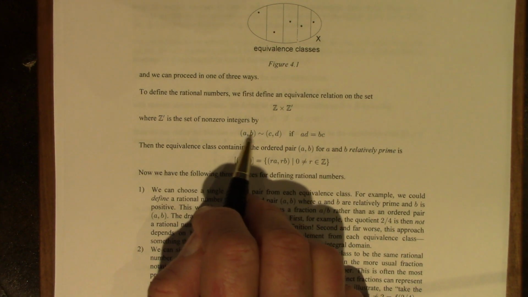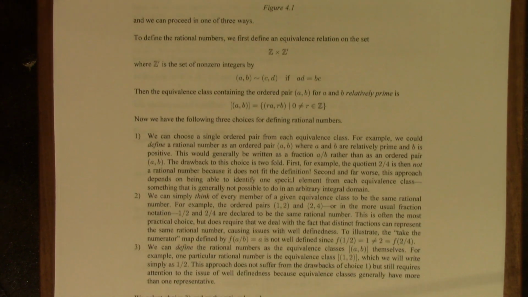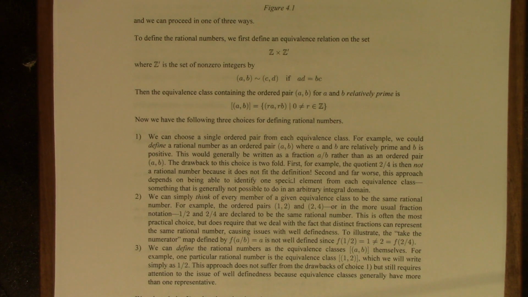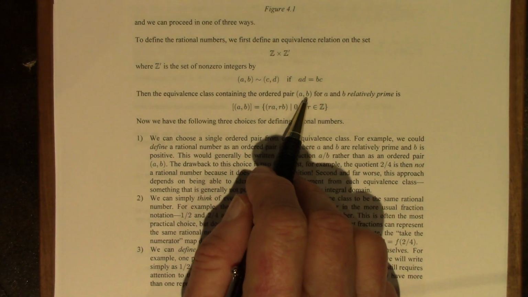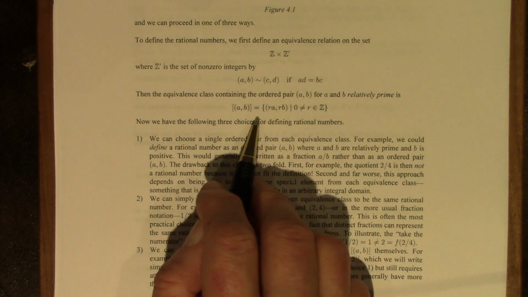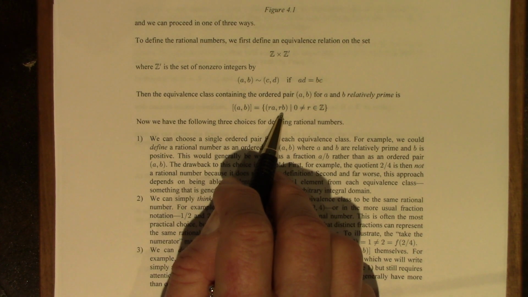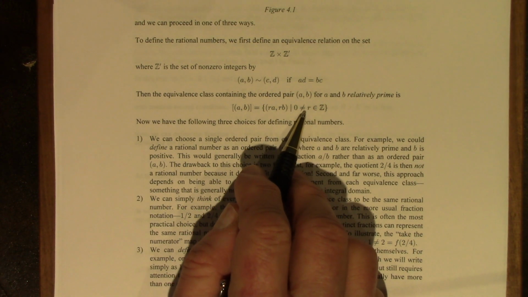And if you write these as fractions, you can see we're comparing the cross products. Then the equivalence class containing a given ordered pair AB, if A and B are relatively prime, is just the set of ordered pairs RA, RB, where R is non-zero.